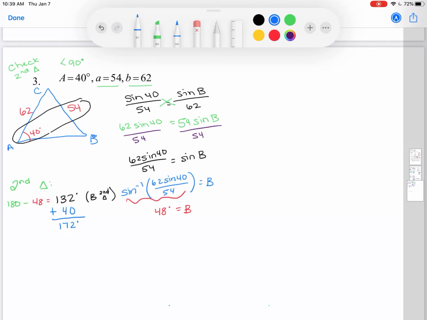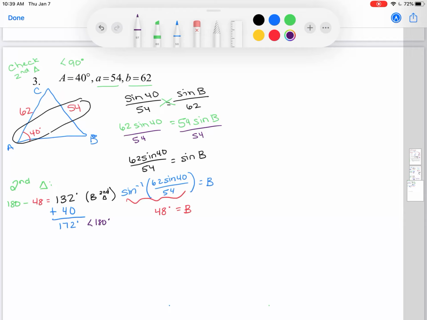Between those two angles that I have in my new triangle, I have 172 degrees. So in this case, there is some wiggle room because I am still less than 180 degrees. Therefore, I know that my C value or my angle C has to work for this one as well.